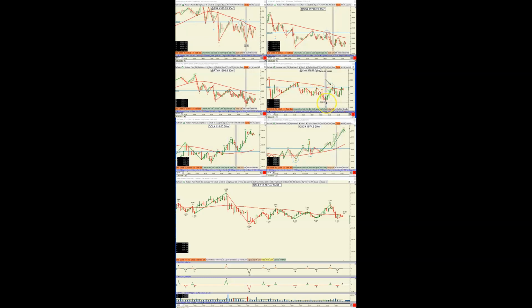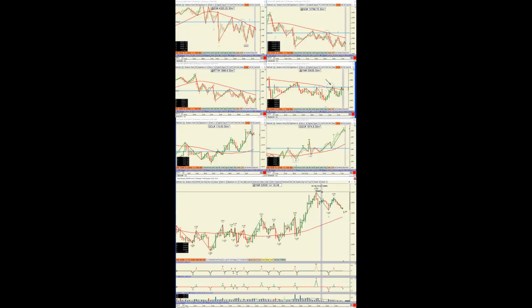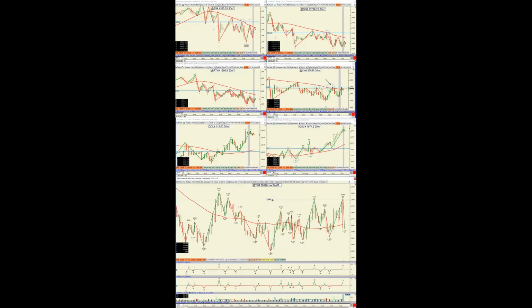It made a lower low, and then it made an upthrust, and I think this one also is an upthrust. Both of these. So let's pick the YM and take a look at what happened in these 2 spots on a 30-minute YM chart, and see how it turned on a 1-minute YM chart.